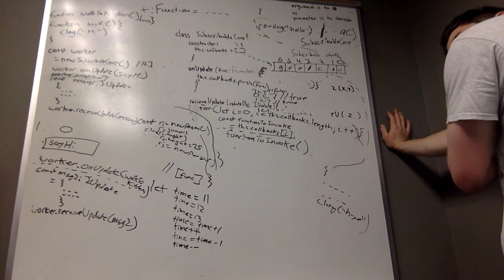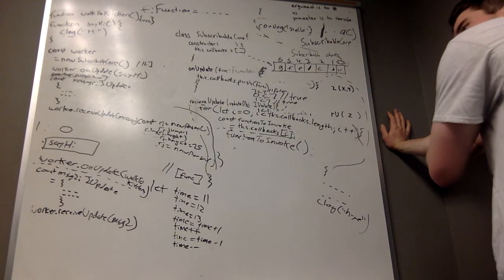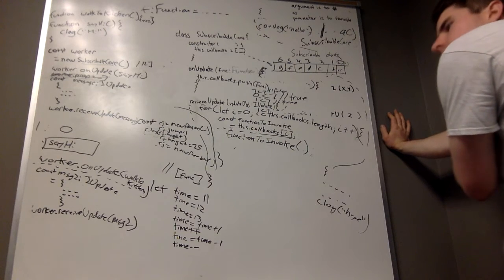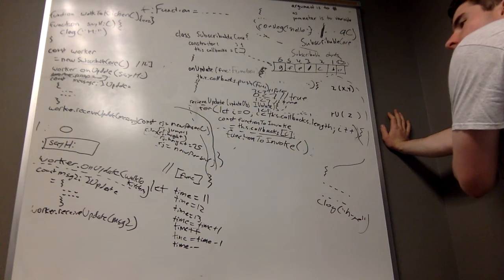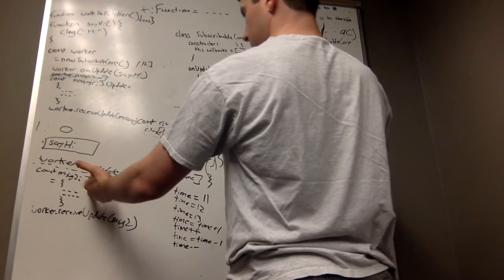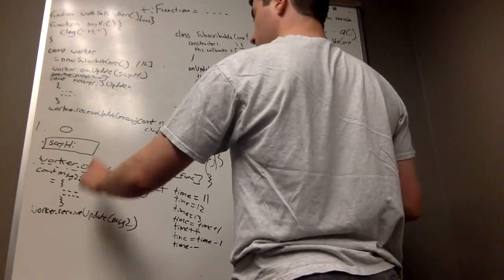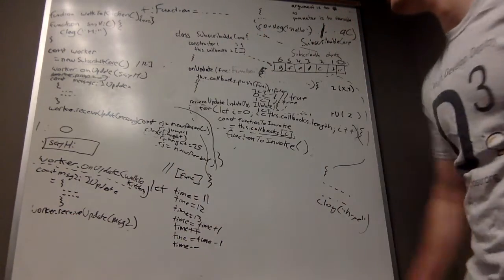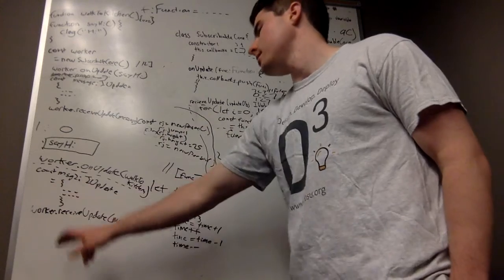So worker.receiveUpdate(message2) would kick out say hi. We don't care because they both conform to this. We know it's good, and it should be the equivalent of this right here.